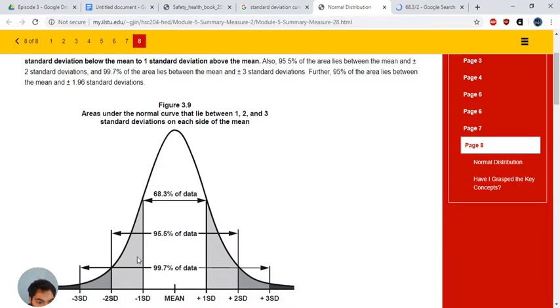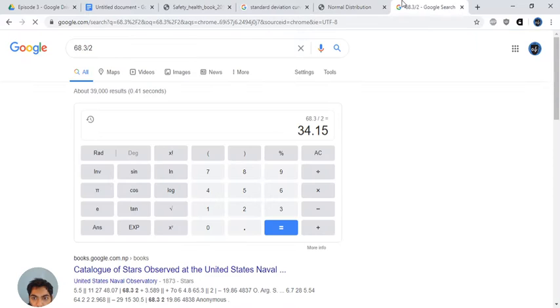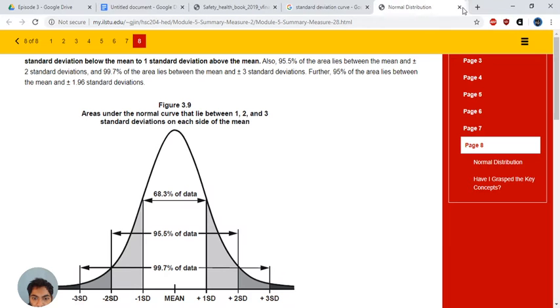So if I'm at the mean of the normal distribution, this half of the mean is 60 or almost 70% of the data.